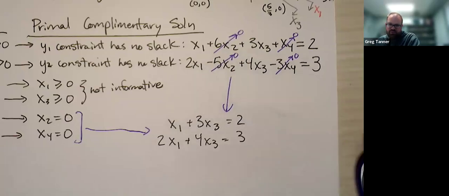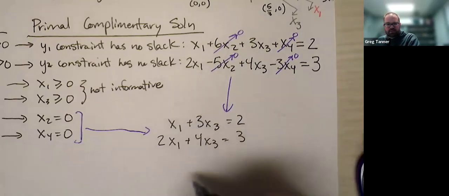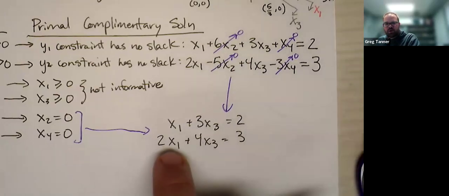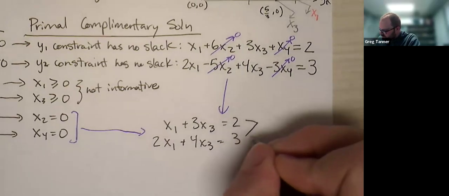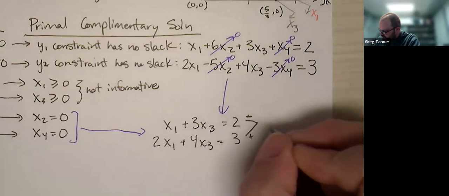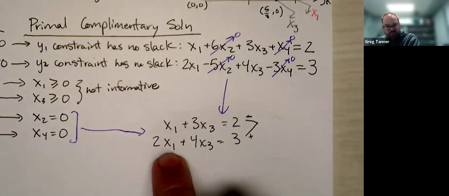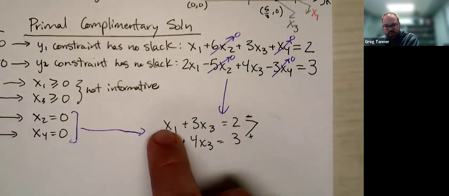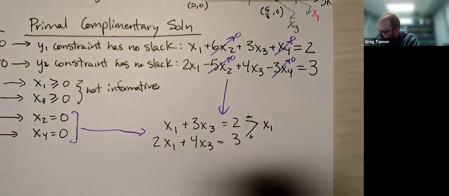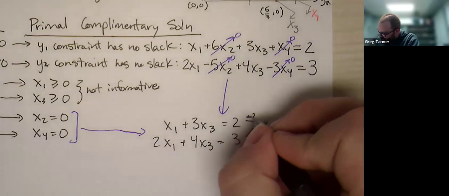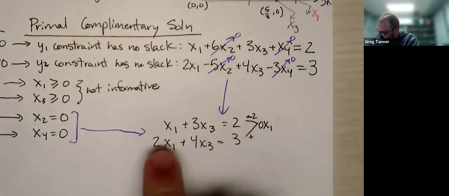I could turn this into a matrix, but I could just as well add and subtract these equations from each other. So I'll do second equation minus the first, so plus this minus that, and we'll get 2x1 minus 1x1 will give us x1, and oh no, I'll do negative 2 times this one, so that I get 0x1.